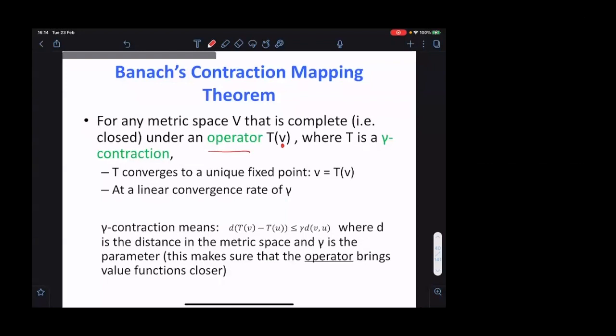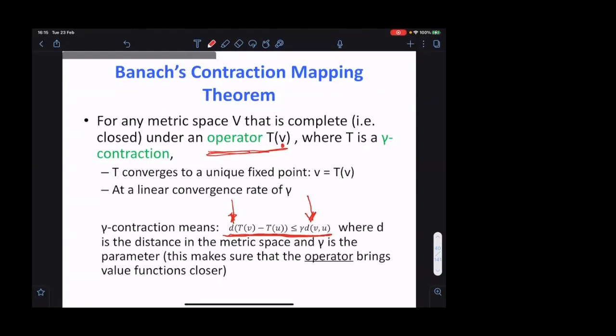When I say gamma contraction, it is with respect to the distance measurement, the maximum norm that I measure. Either the Bellman optimality operator or the Bellman operator would have that kind of property.